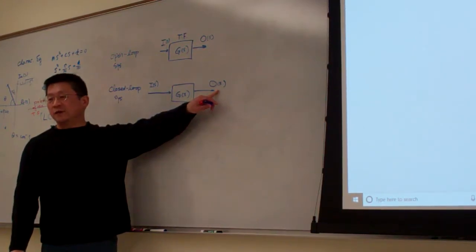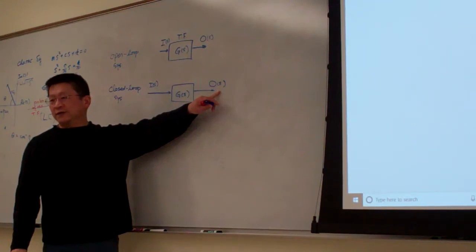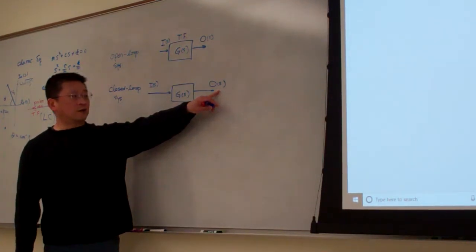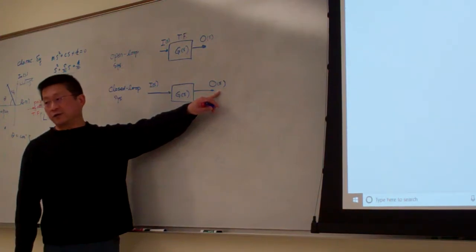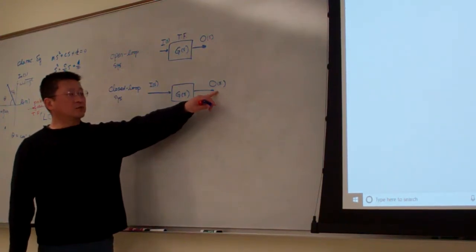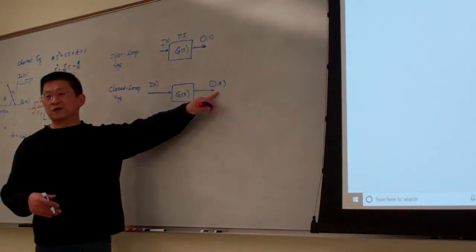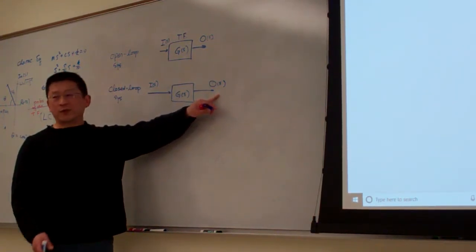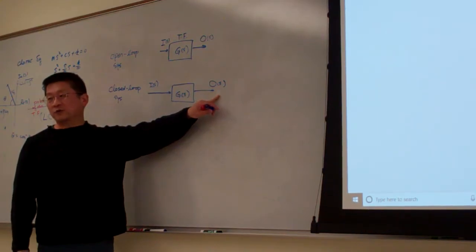It behaves so poorly. For example, it could have a huge steady state error, or the output could have a very slow, very sluggish transient response. I wish the transient response could be quicker. I don't want it to be slow.